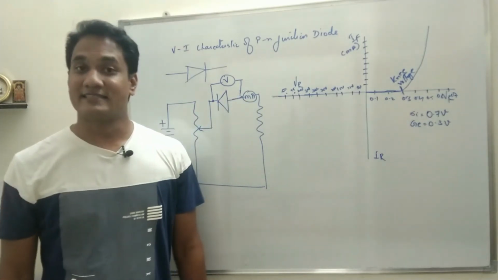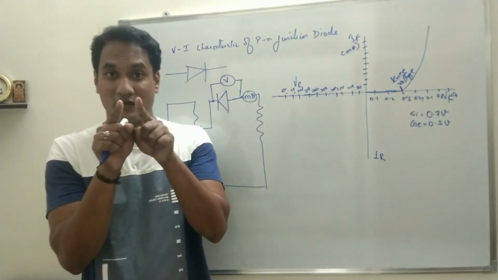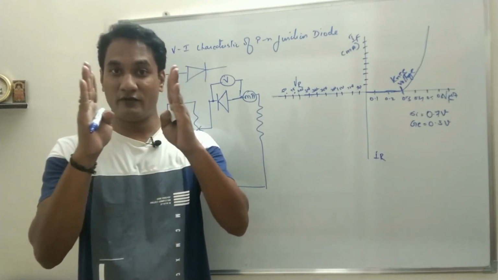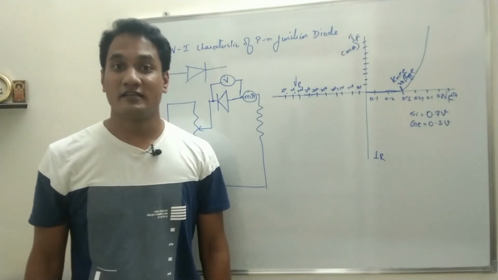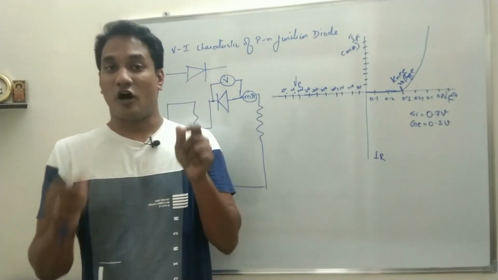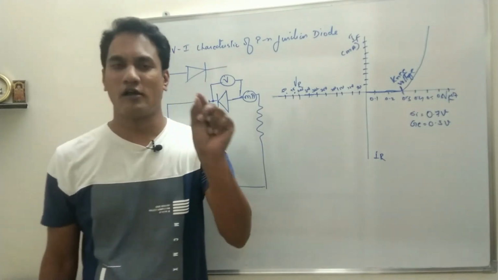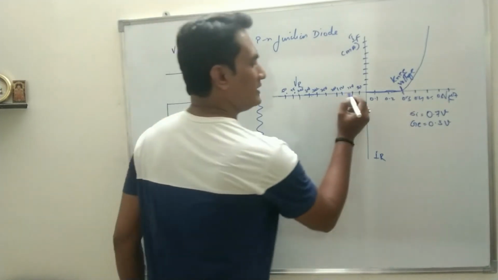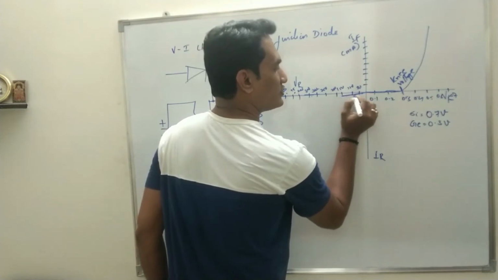So polarity has changed, and both the charge carriers will move away from the junction, and the depletion layer width increases. That means the potential barrier increases, the obstruction increases, and of course no charge carriers will flow. Only a very small current flows because of minority charge carriers.